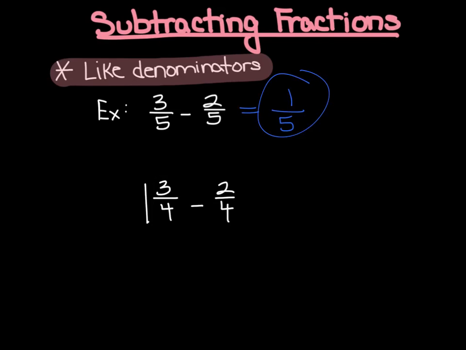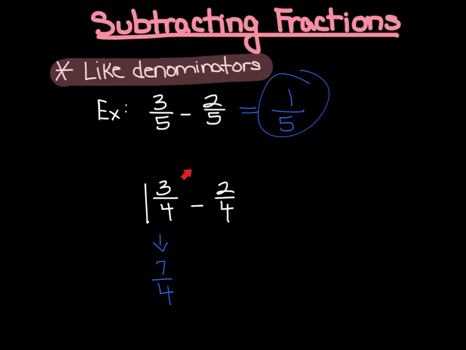Simple. Over here we have a lovely mixed number minus a fraction. Right away, if you do not like this mixed number, you can change it to 7/4. If you don't want to do that, that's okay. You don't have to. I'm going to do it both ways.